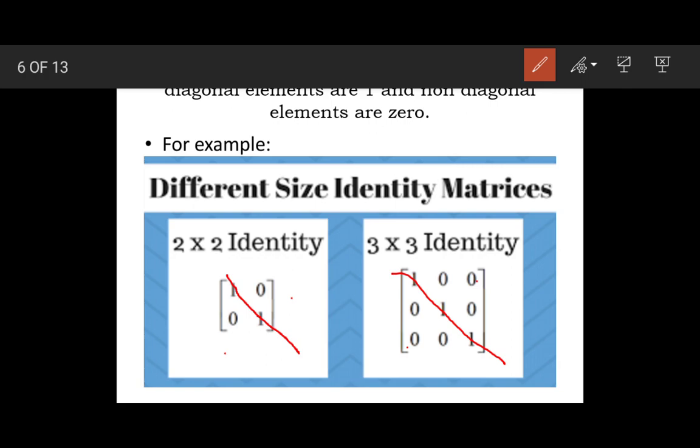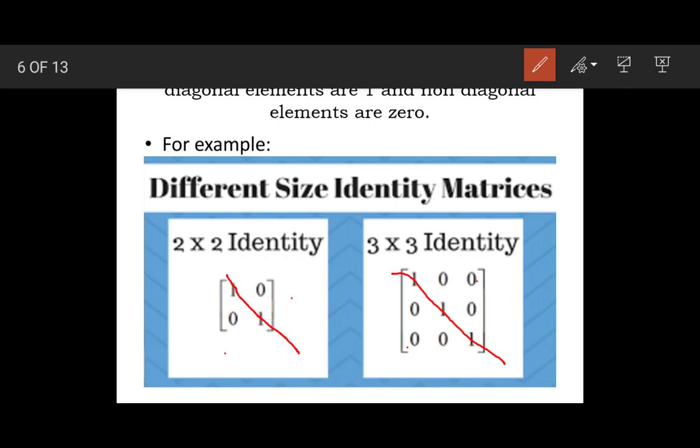Okay, so class, this identity matrix or unit matrix is first a diagonal matrix, right? We can say diagonal matrix because there are only diagonal elements and all the non-diagonal elements are 0.